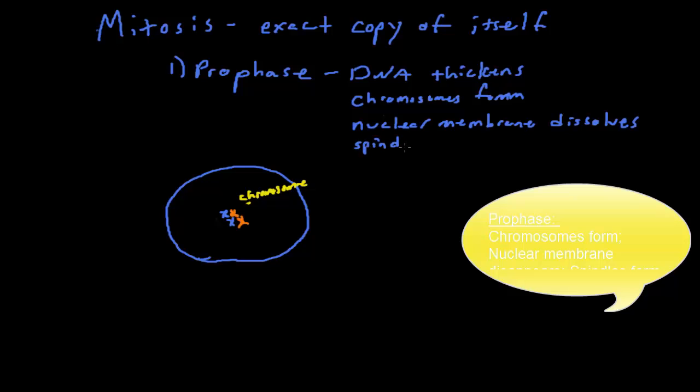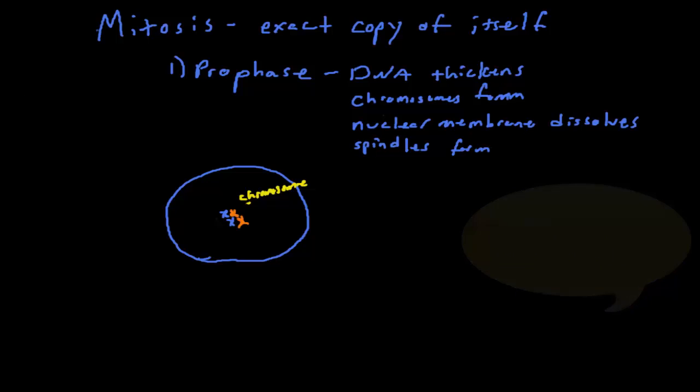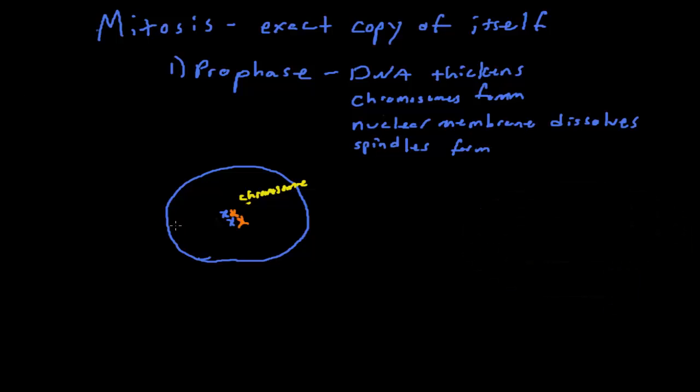Spindles form. They start over on the very edges of the cell right here. Prophase is kind of a busy little phase.